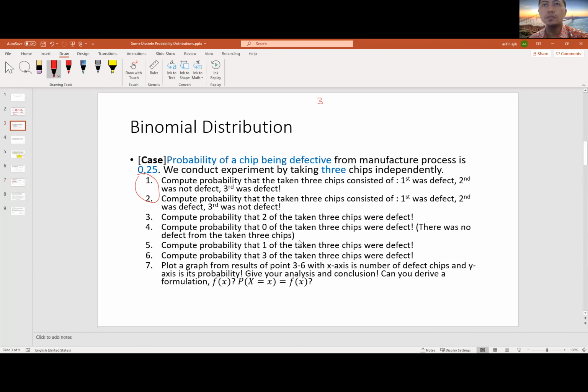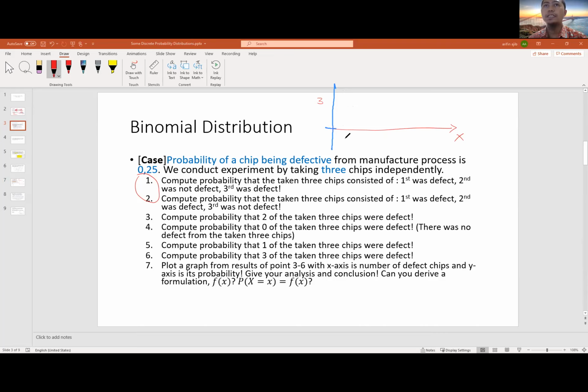So this is the number of defective chips. Let's say this is the number of defective chips from 3 trials, taking 3 chips.